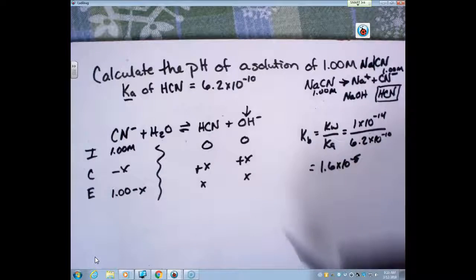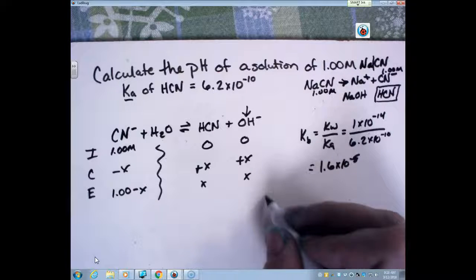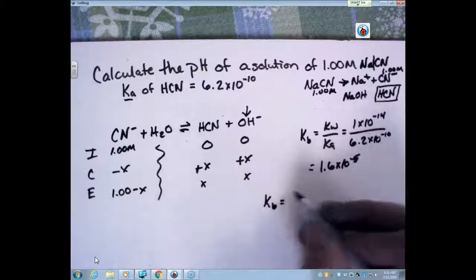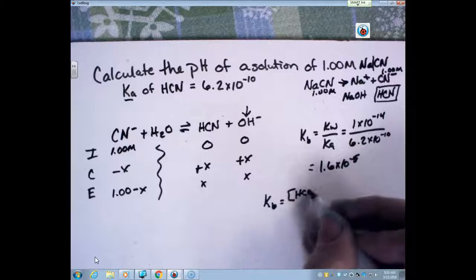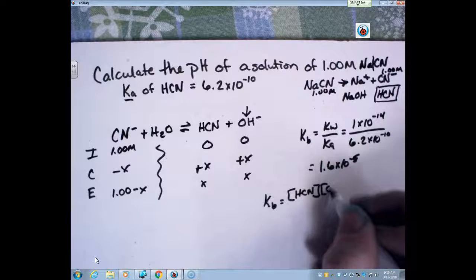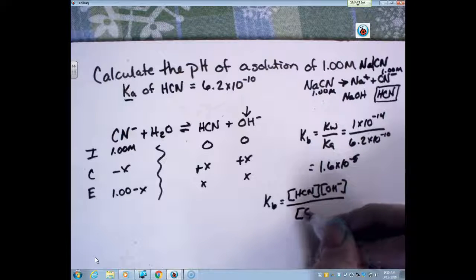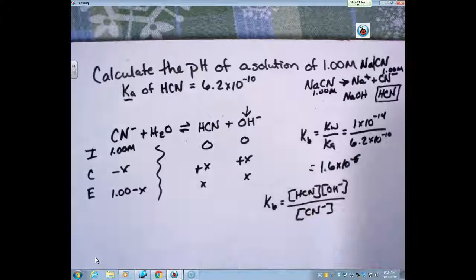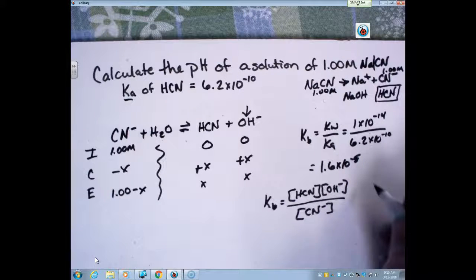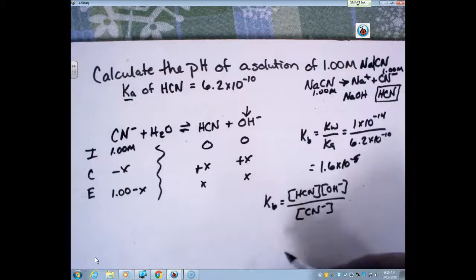All right, so let's write this reaction. So Kb is going to be HCN times OH negative over the concentration of CN negative. And now I'm just going to plug everything into this.